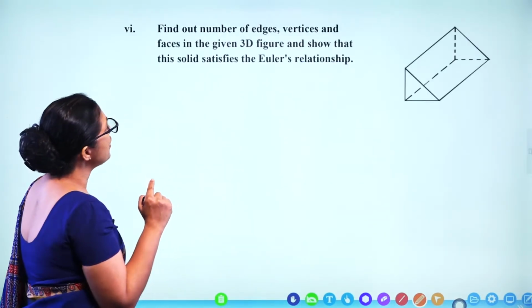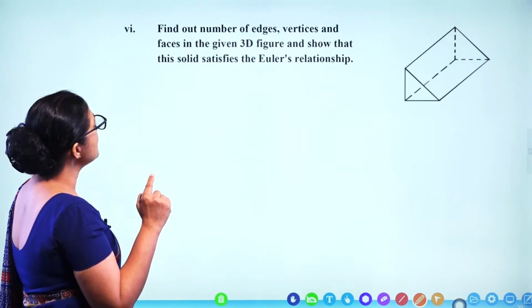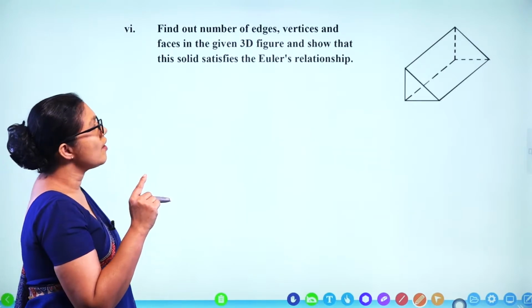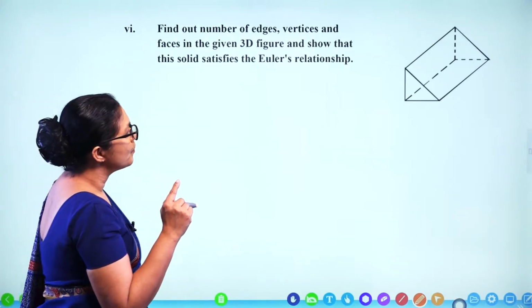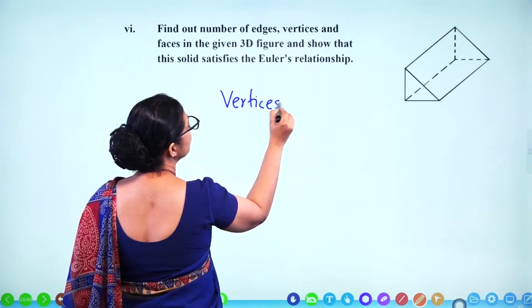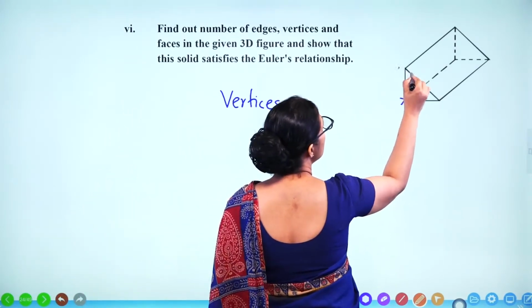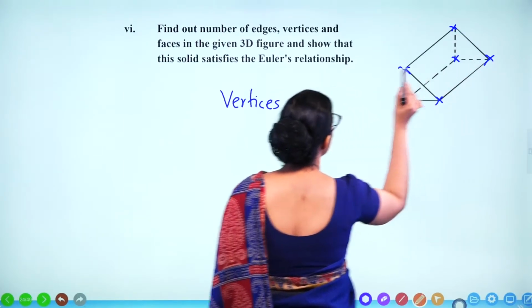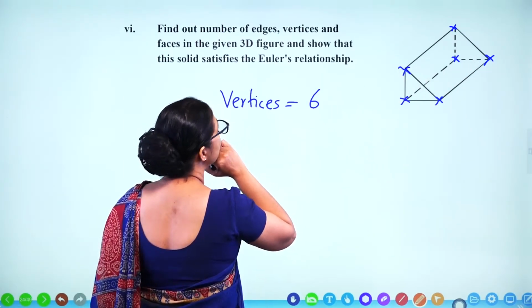Next one, find out the number of edges, vertices and faces in the given 3D figure and show that this solid satisfies Euler's relationship. So we'll count vertices: 1, 2, 3, 4, 5, 6. 6 vertices are there.